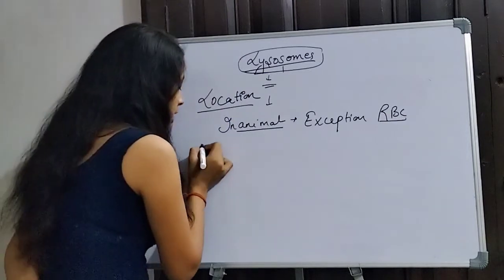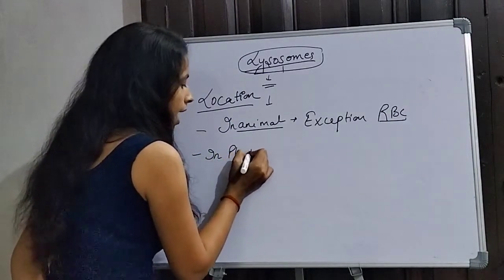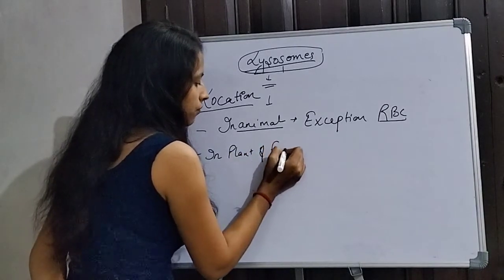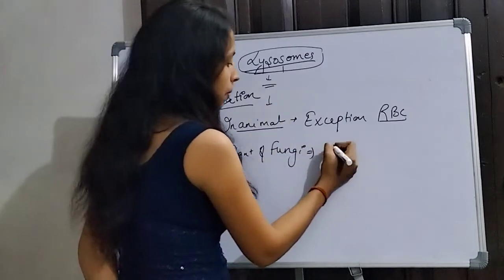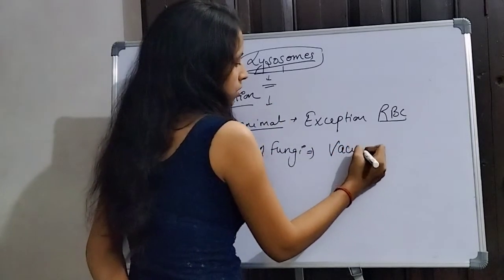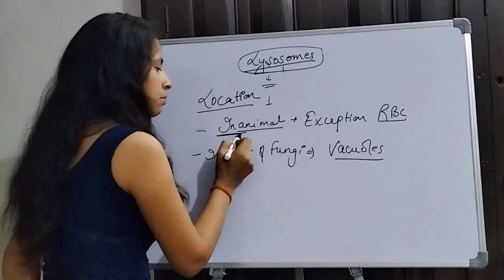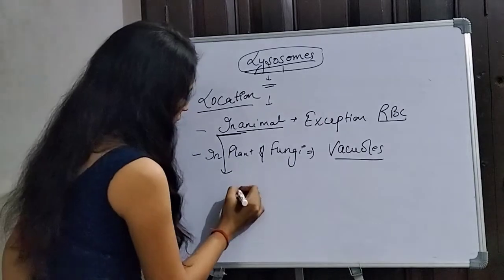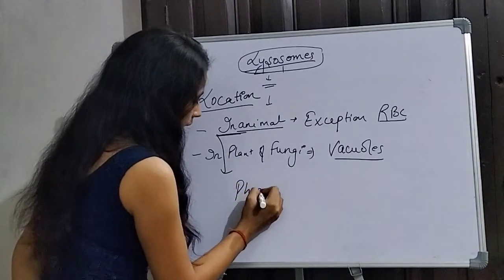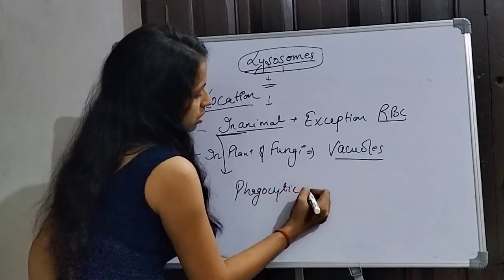In plants and in fungi, their function is occupied by vacuoles. Mainly in animal cells, they are present in abundant form in phagocytic cells, the cells which are phagocytic in nature.